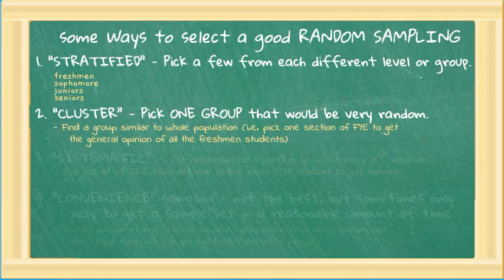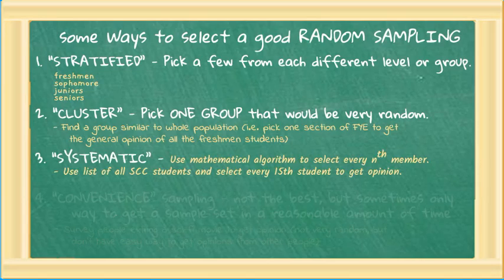But then we could pick one FYE class, and we could assume that that has a pretty good sampling. It's going to have people from different backgrounds. It's going to have some freshmen right out of high school. It's going to have some other age groups, the people that have come back to college. And so amongst that group, it's a pretty good group of different types of people, and we could ask them some information, and it would give us a bigger scope of what all the freshmen are probably thinking.